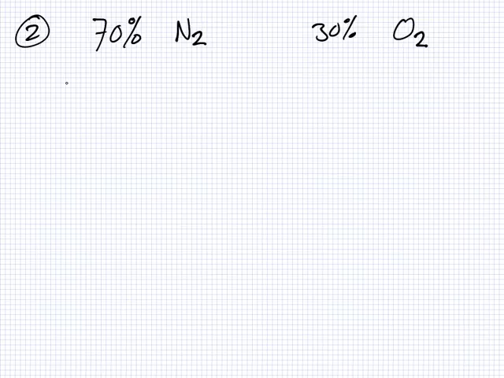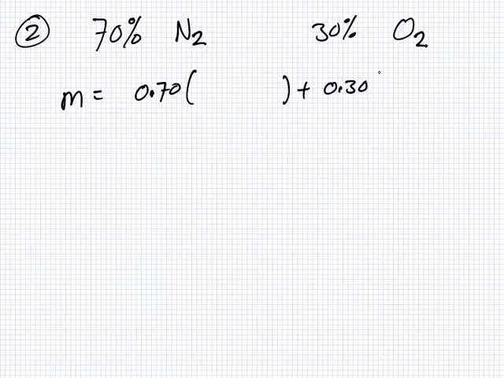So an air molecule, on average, will have a molar mass of 0.7. Do you prefer 0.7 or 70? 0.7. Okay, then I don't need to divide by 100. You either use 70, 30 and divide by 100, or 0.7 and 0.3.